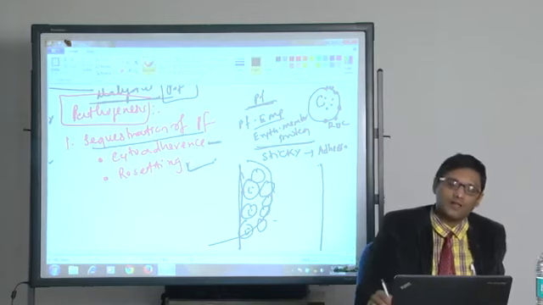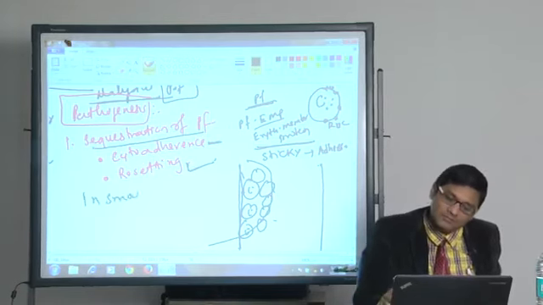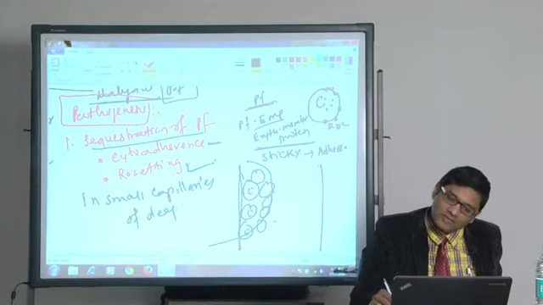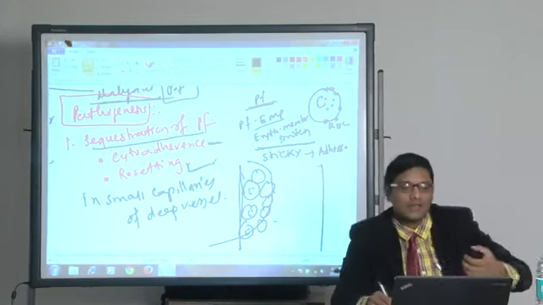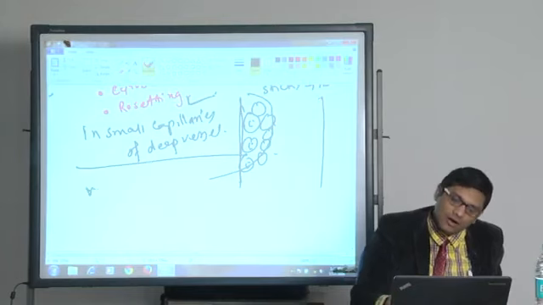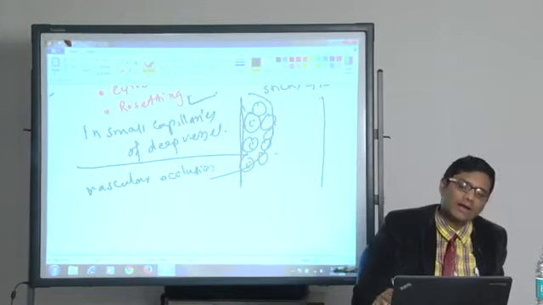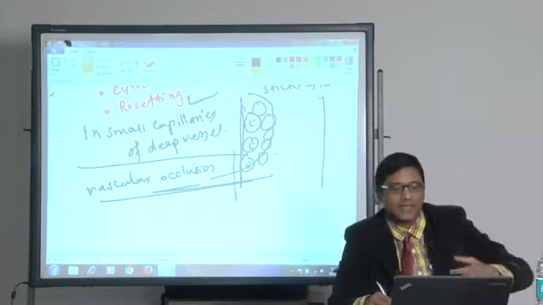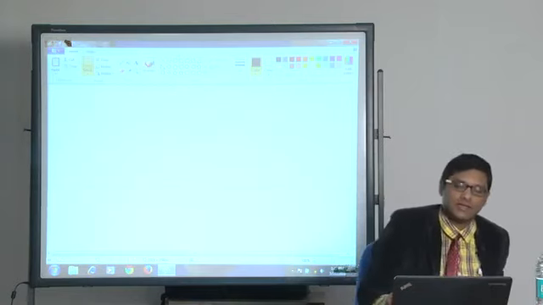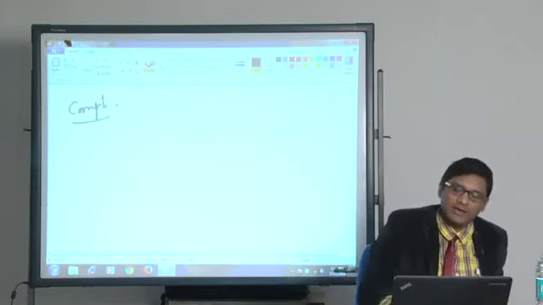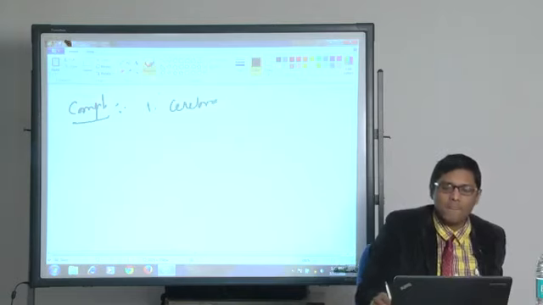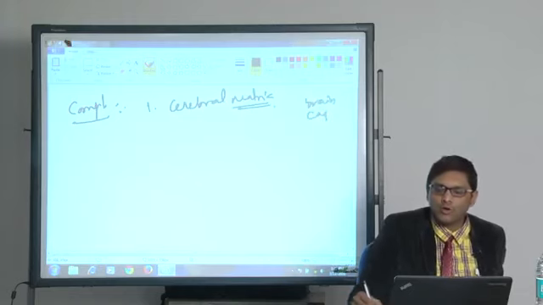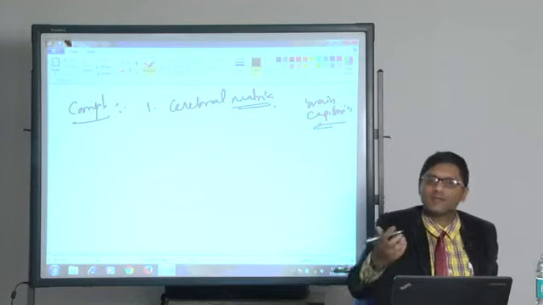Sequestration of Plasmodium falciparum, especially in small capillaries of deep vessels, leads to vascular occlusion, and this is the main mechanism why all these malignant manifestations take place. The various complications seen under malignant tertian malaria include cerebral malaria. Why does cerebral malaria take place? Because the brain capillaries will be occluded, leading to cerebral anoxia.